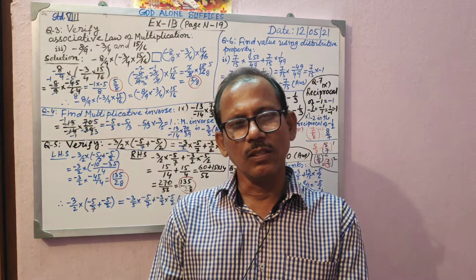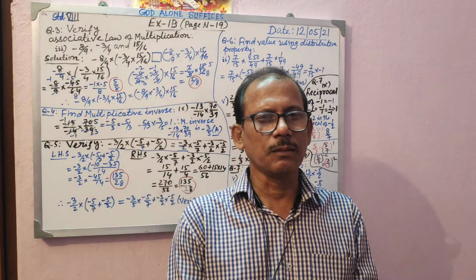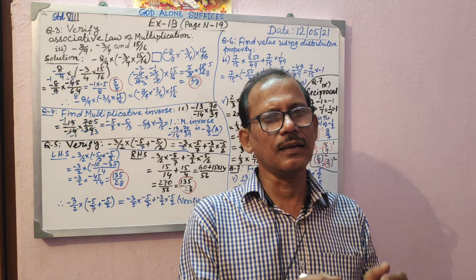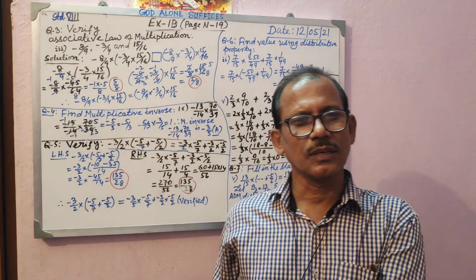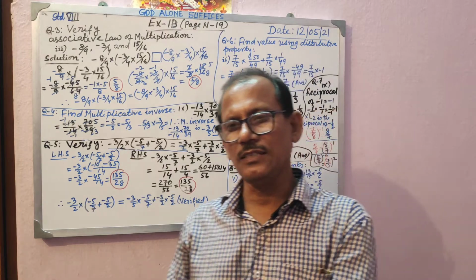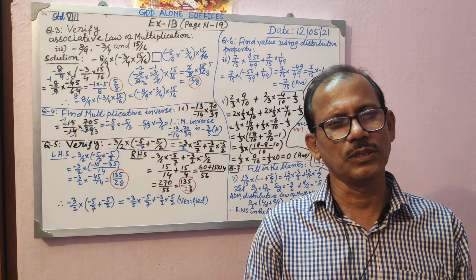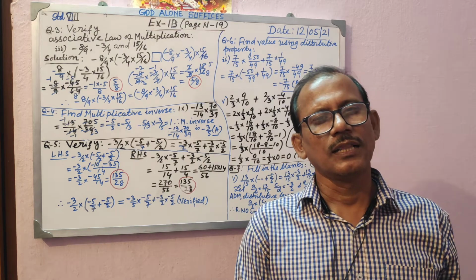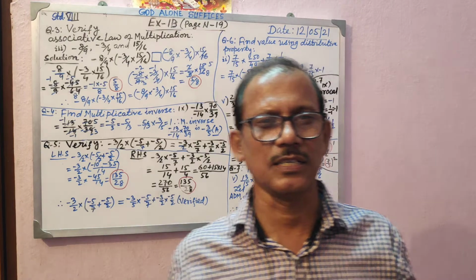If you multiply two of the rational numbers and then multiply the product by the third one, and the second time you change the pair and multiply with the leftover one, then the product in both cases will be the same. That is the associative law.